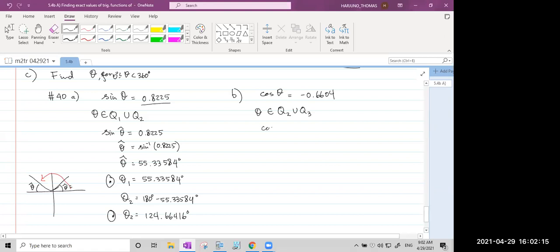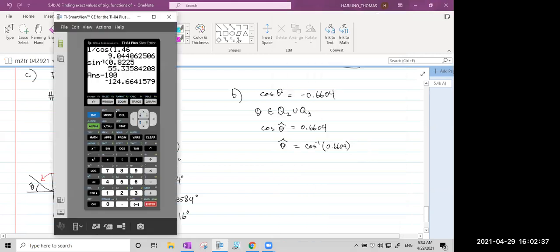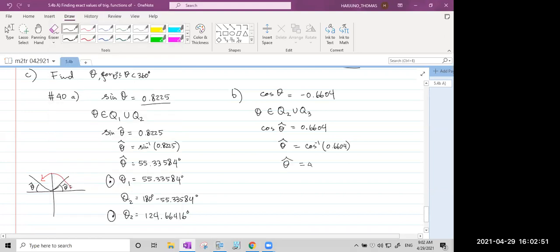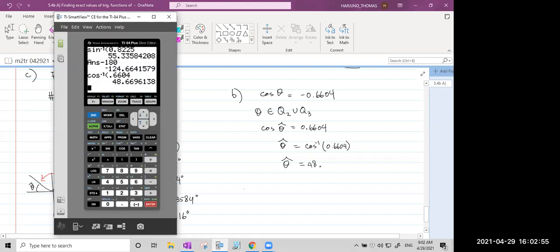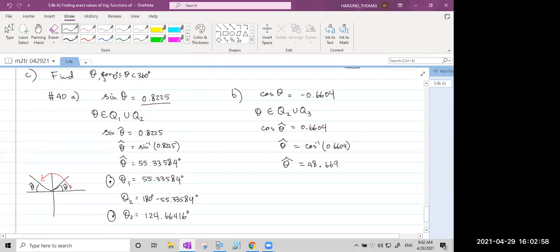Use the positive part of that trig value and find the reference angle: cosine inverse of 0.6604 is 48.66961 degrees. That is the reference angle.